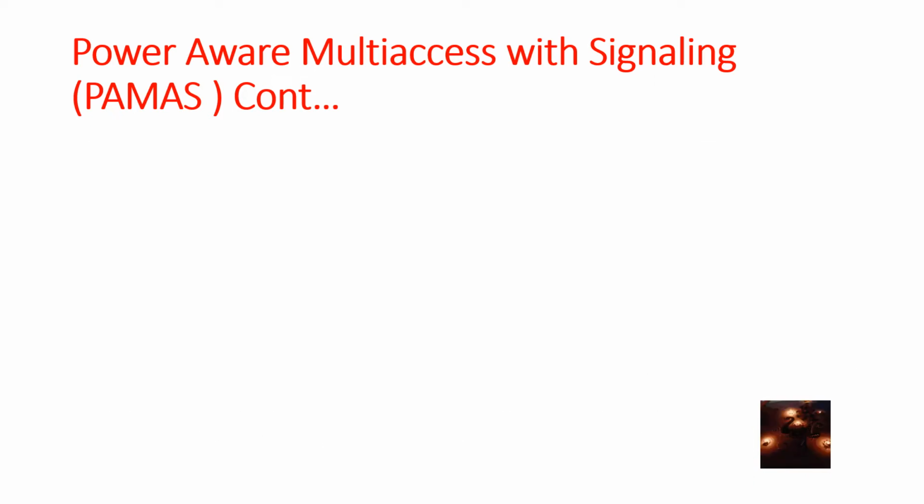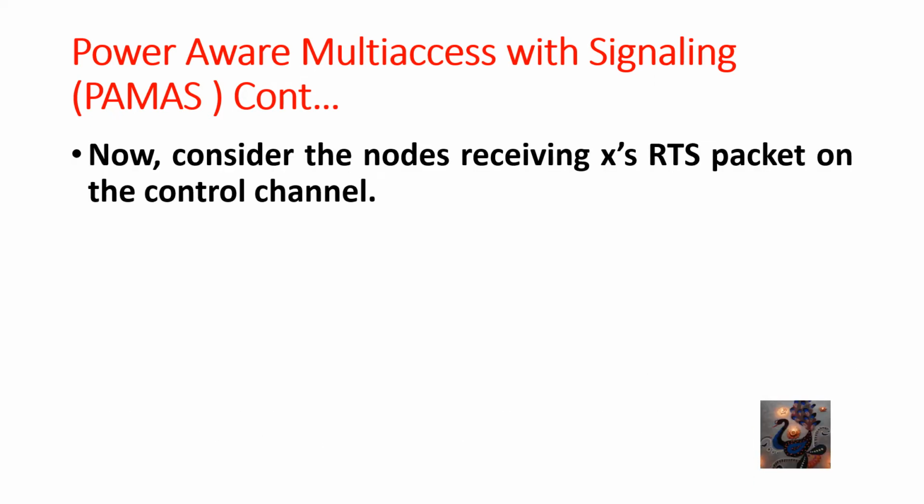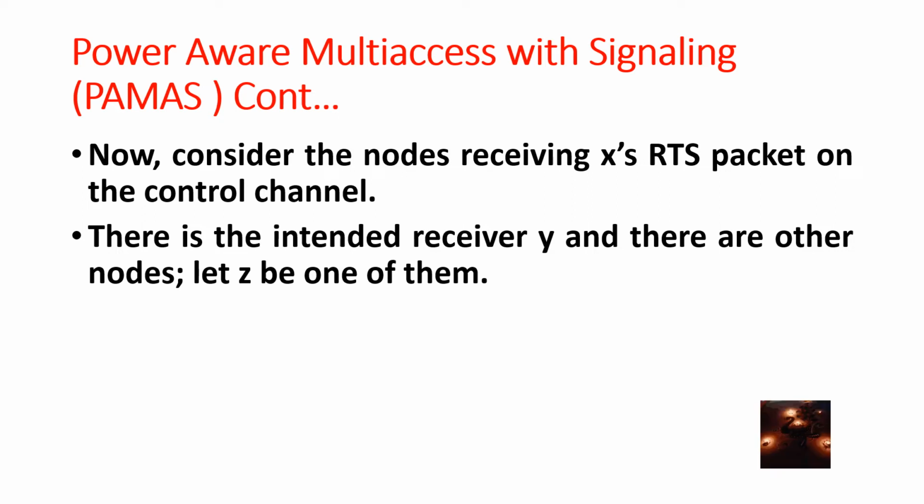Now consider the nodes receiving node X's RTS packet on the control channel. There is the intended receiver node Y and there are other nodes. Let Z be one of them.